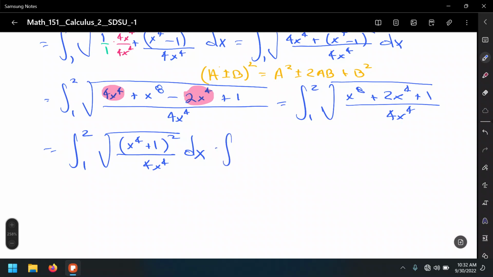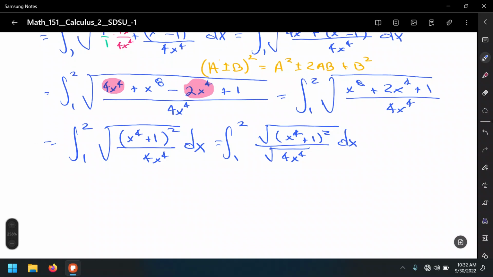That's going to be the integral from 1 to 2, the square root of (x to the 4th plus 1) squared, divided by the square root of 4x to the 4th. And the nice thing about this is that both numerator and denominator are perfect squares, and you'll see how this will simplify really nicely, despite all these crazy algebraic steps we did.